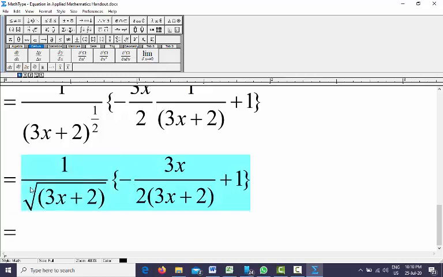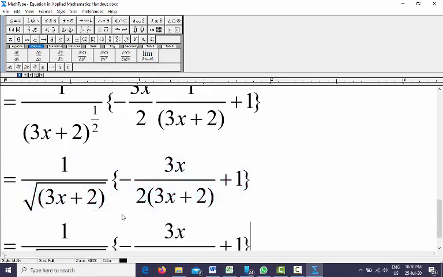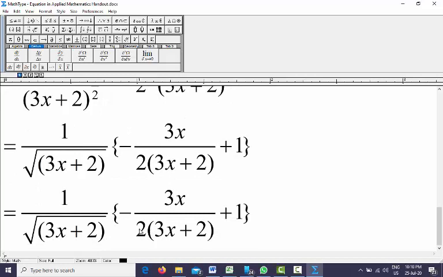But if you want to go further, what can we do? We can take the LCM of this.